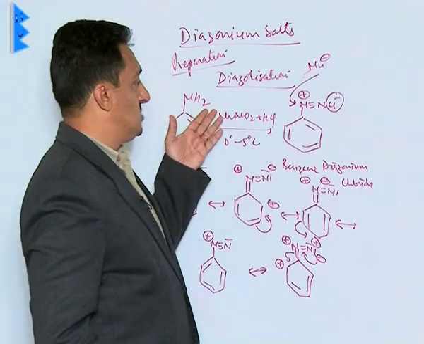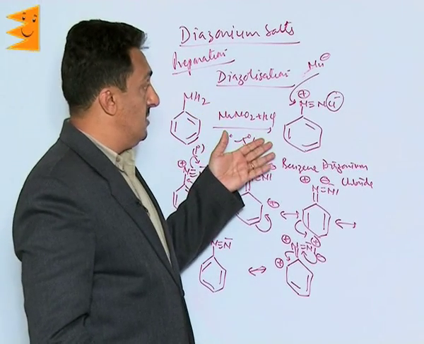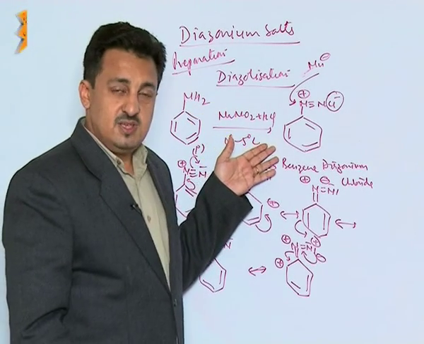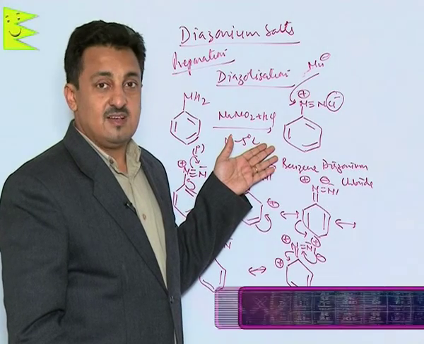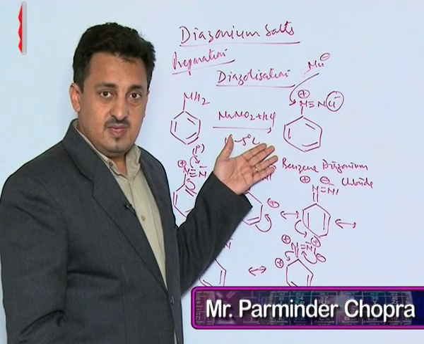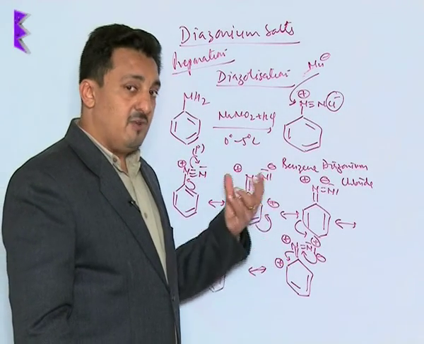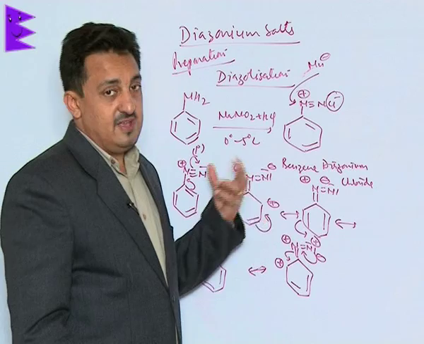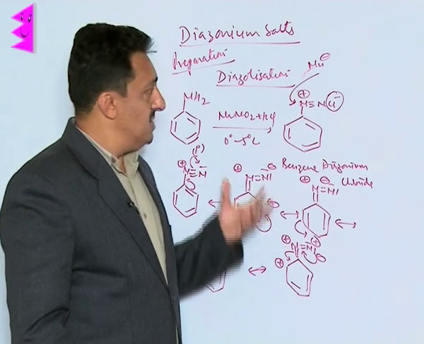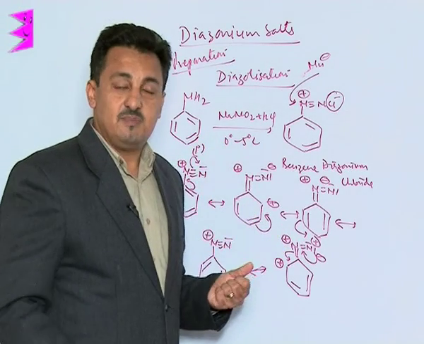These arene diazonium chloride salts are stable, colorless crystalline solids. They get, of course, decomposed on heating only. Even in water they are stable, but on warming they get decomposed. So that is what are the physical properties of these compounds.